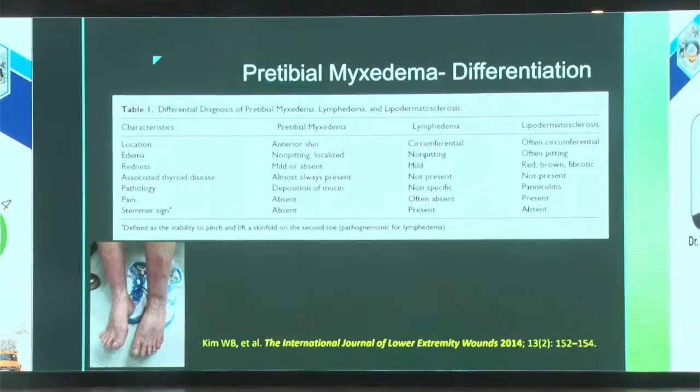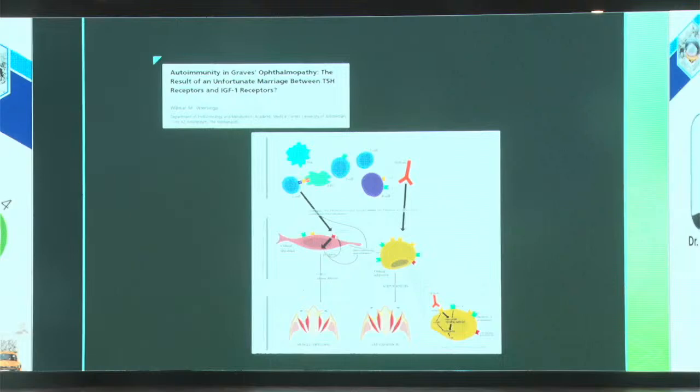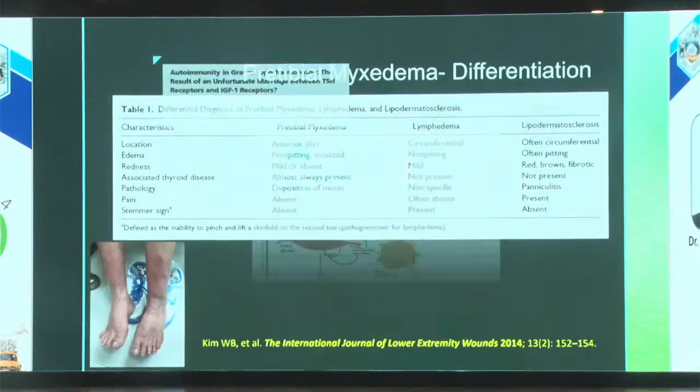It can be panniculitis and full-fledged inflammation. Also very important, this thyroid dermopathy or pretibial myxedema is actually painless, whereas in some situations of lipodermatosclerosis it is painful. So differentiating it from other situations is not difficult.